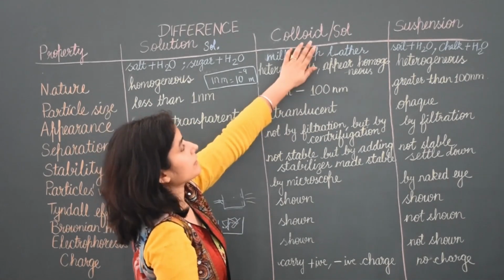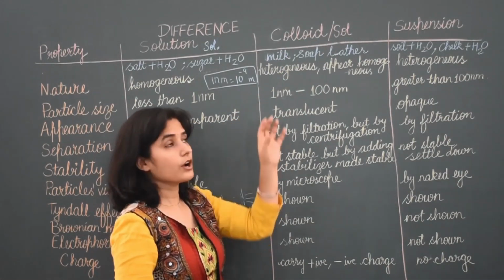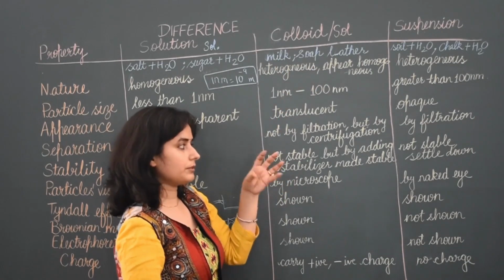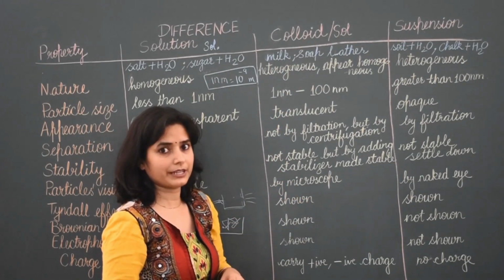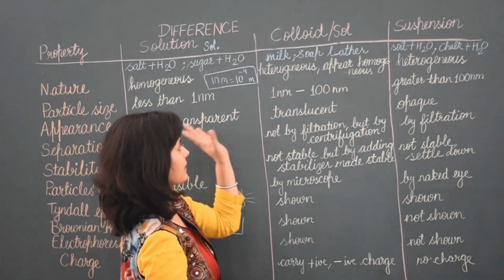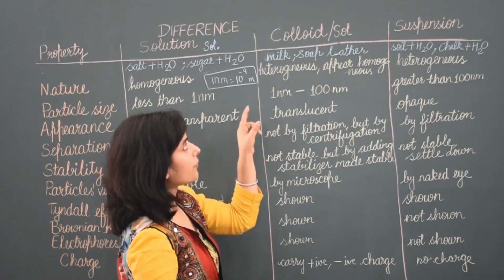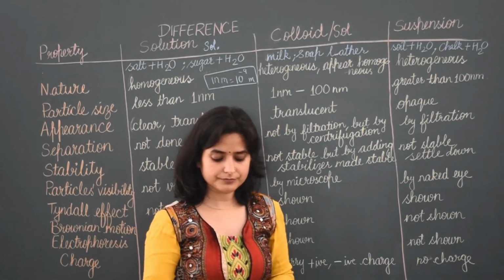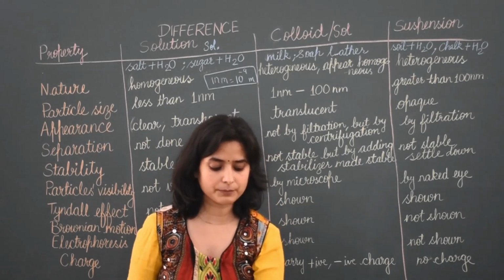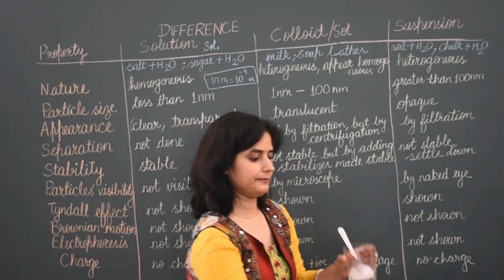Okay. So this is sol or colloid. A few types of colloid I will tell you in the next lecture. This time we are just taking these properties. For colloid, I have taken the example of milk here.